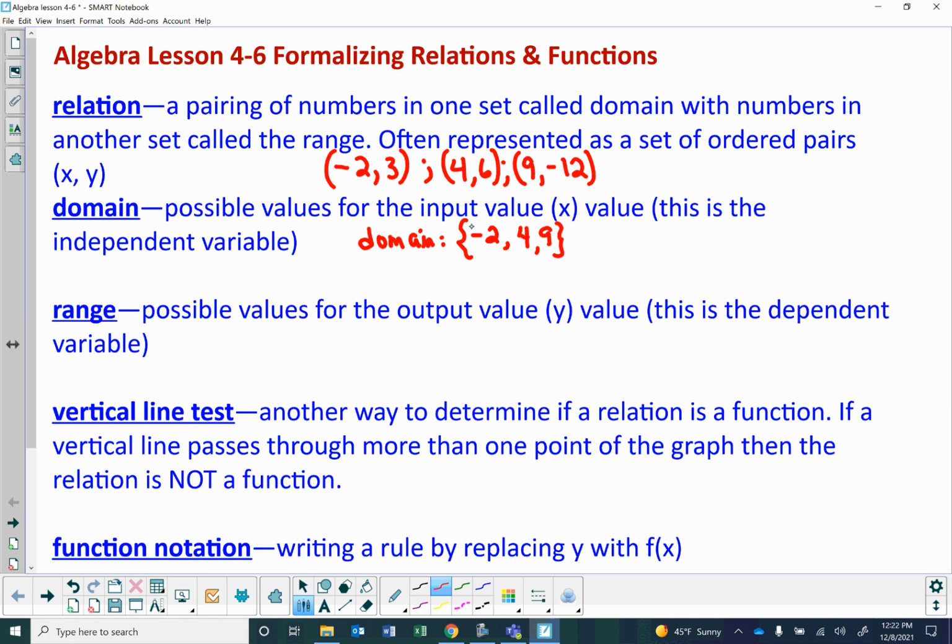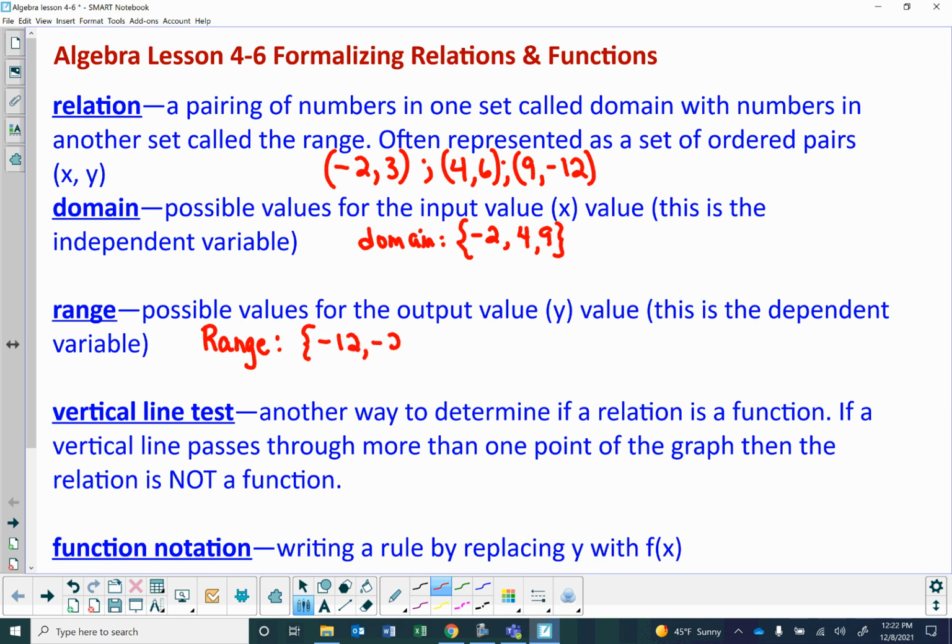The range are the possible values for the output, otherwise known as the y value. This is your dependent variable. So in the same relation up here that I have in red, the -2, 3, 4, 6, and 9, -12, the range for this particular relation would be -12 because that's the smallest number I have.